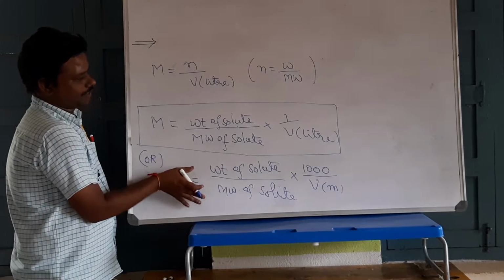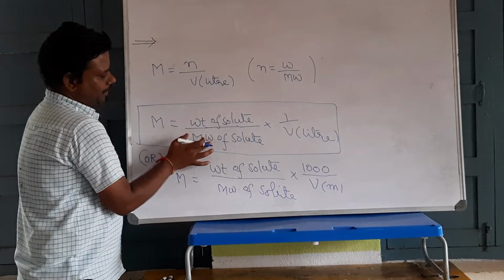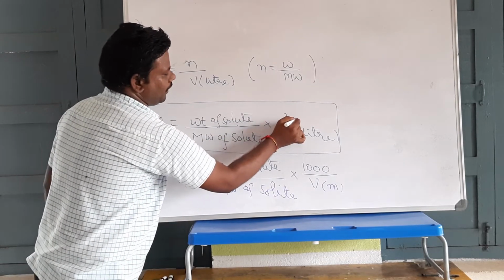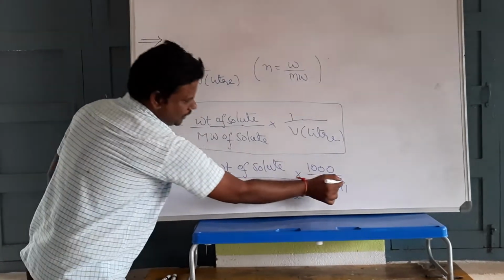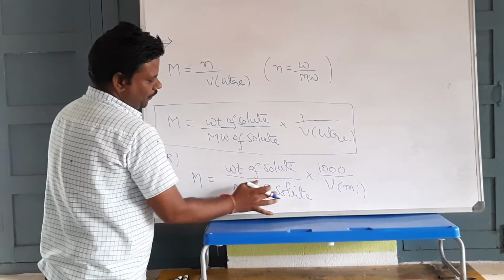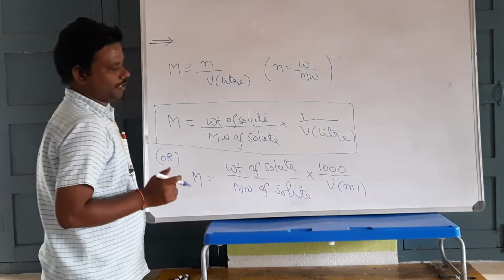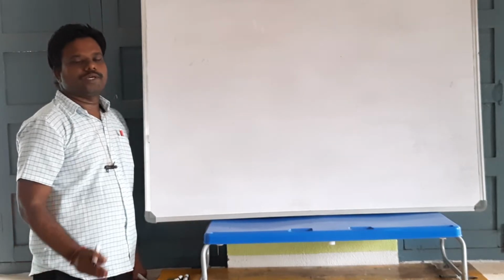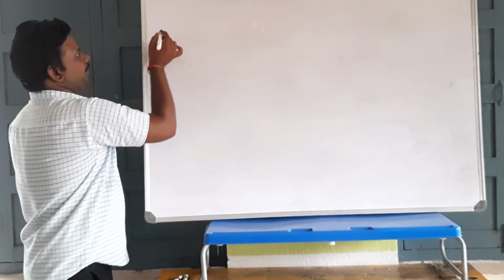There are two formulas. One is molarity M is equal to weight of solute by molecular weight of the solute into 1 by volume of solution in liters. One more formula is there in terms of mLs. Molarity M is equal to weight of solute by molecular weight of solute into 1000 by volume of solution in milliliters.